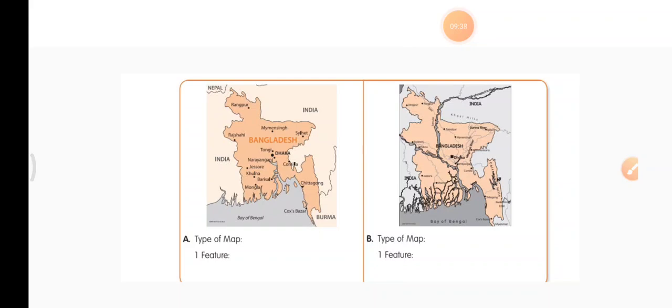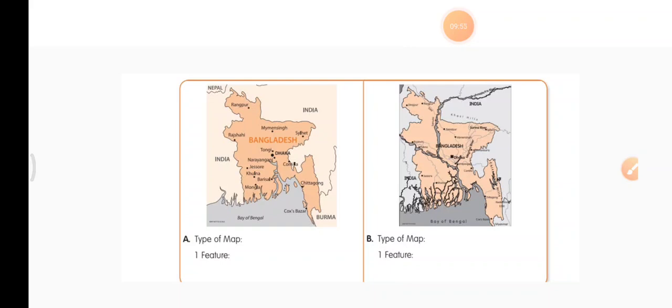For map A, one feature they are asking, so you write states and capitals. For map B, you write the rivers here.